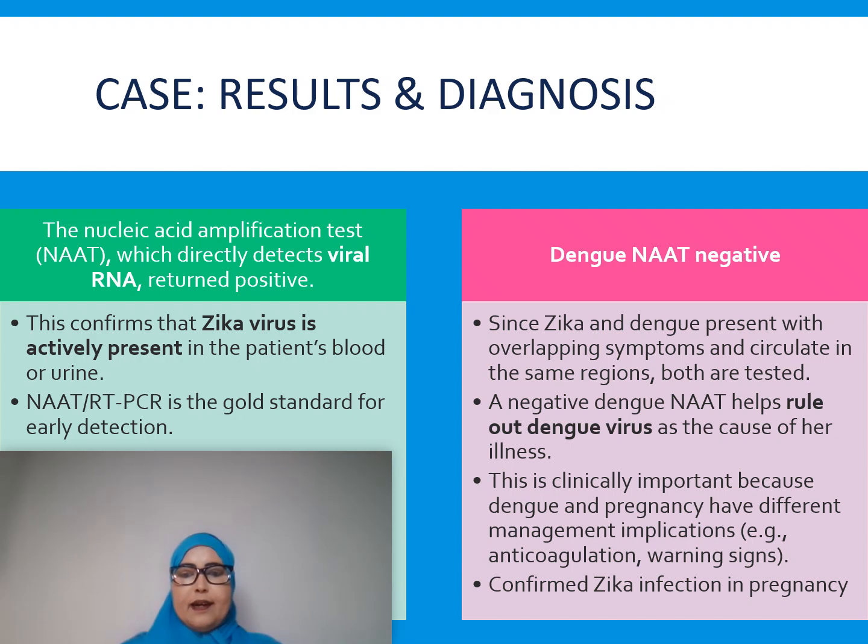Since Zika virus and dengue present with overlapping symptoms and circulate in the same area, both are tested. So a negative dengue NAAT helps rule out the dengue virus as the cause of her illness.